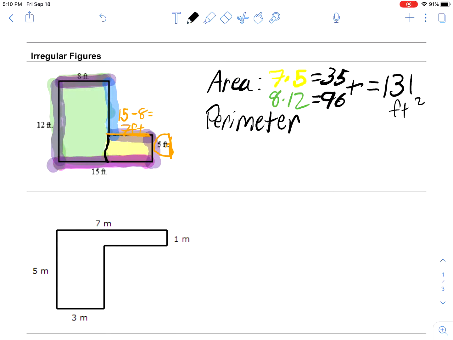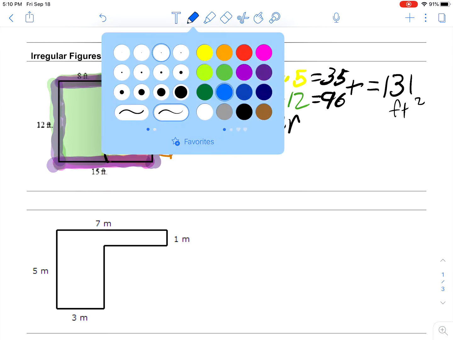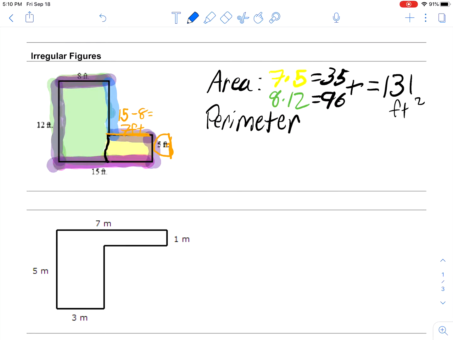Well, I can do this the same way I found the 7. I know the whole height of this shape is 12. I know this little part is 5. So that means that this line here has to be 12 minus 5, which is also 7.